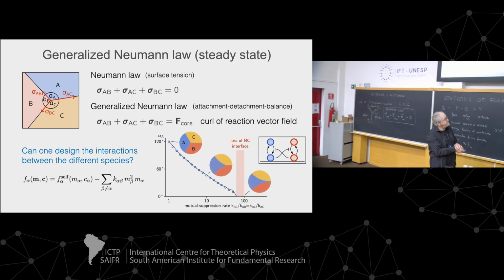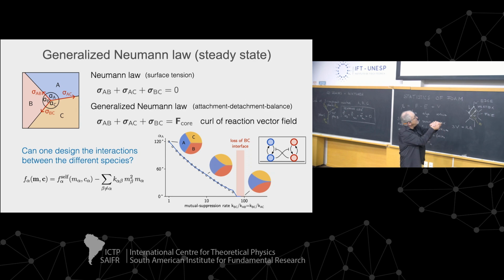And what you can do is the following. Here is the angle alpha A. This alpha A, as you can see, is the angle here of this blue phase with the neighboring phases B and C. And what Hendrik did here is he changed the mutual suppression rate.